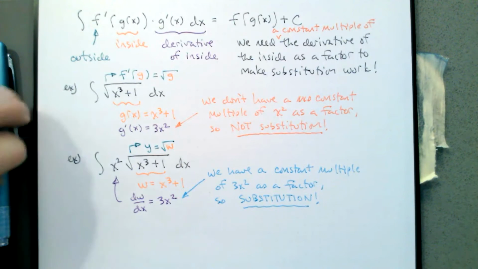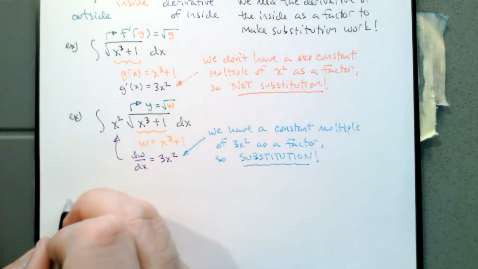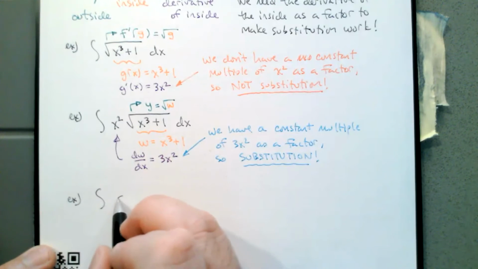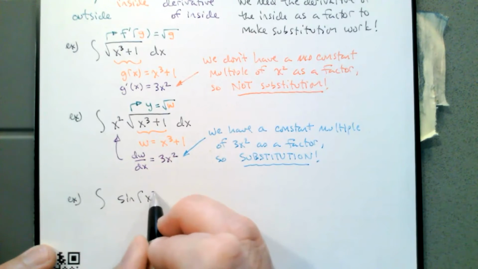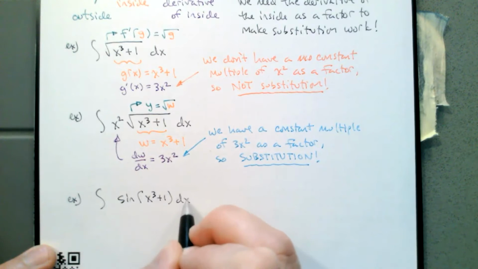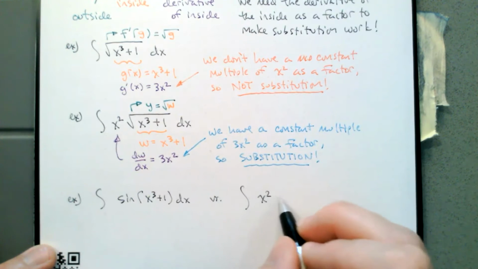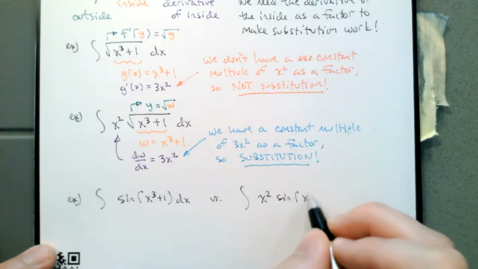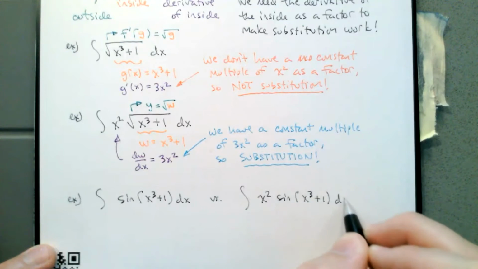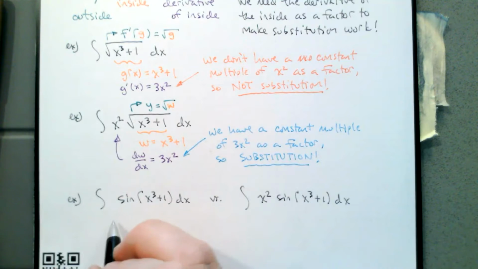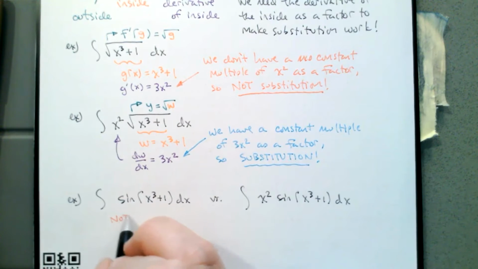So in another context, we're comparing something like the integral of sine of x cubed plus 1 dx versus the integral of x squared times the sine of x cubed plus 1 dx. This first one is not a substitution.